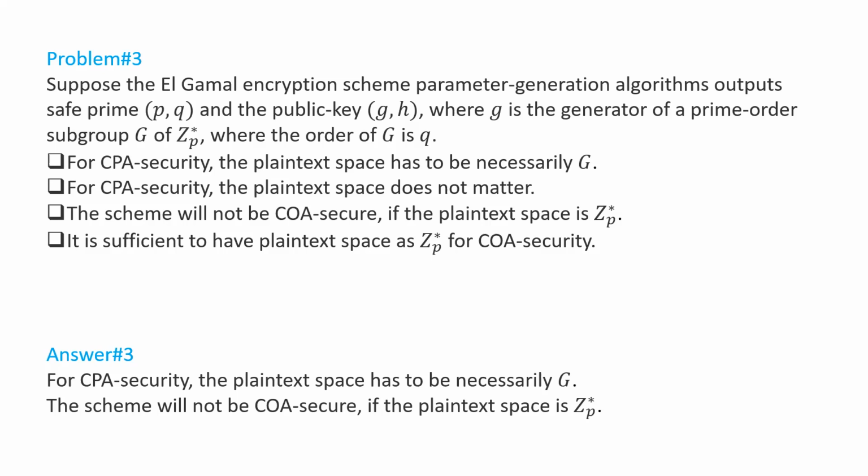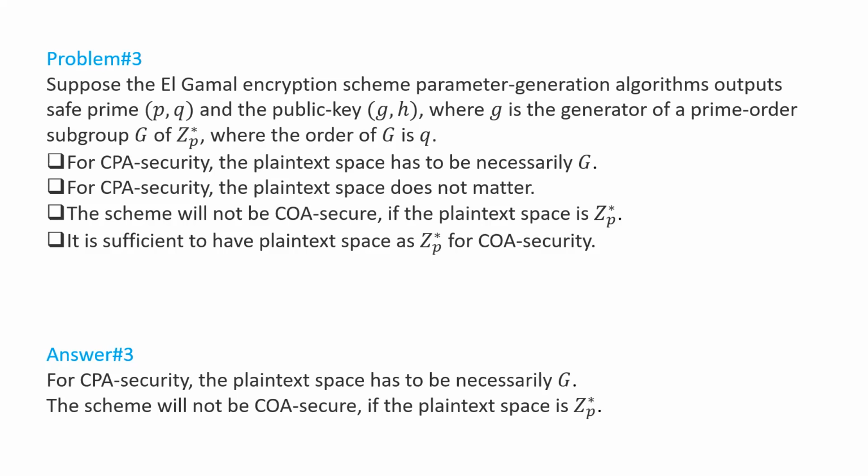Now, H to the power beta is of course some group element, so H to the power beta will belong to G. But depending on whether MB belongs to G or not, the value of C2 may or may not belong to the group G.